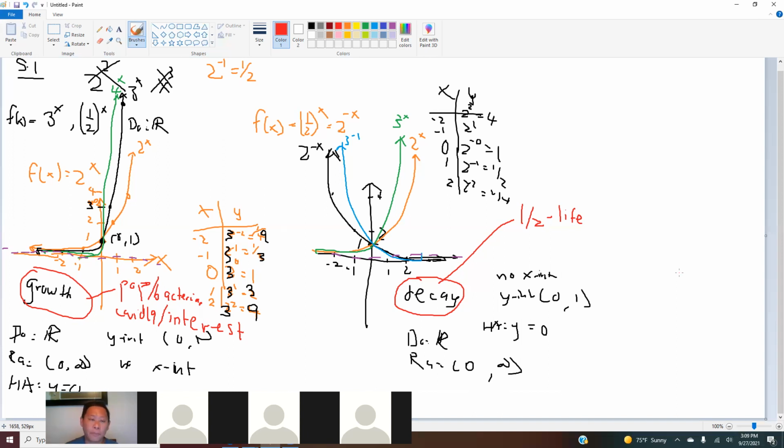Let's say for carbon, I think it's 1,000 years. So after 1,000 years, let's say you have 6 grams, to make it easy, you cut it in half, it becomes 3 grams. Then after another 1,000 years, that 3 grams will be cut in half to become 1.5. And then you keep on cutting in half. So that's why they say plutonium and all the radioactive material won't disappear from the earth, because if you keep on cutting in half what you have, you still have the remainder of it. So it's not completely gone.